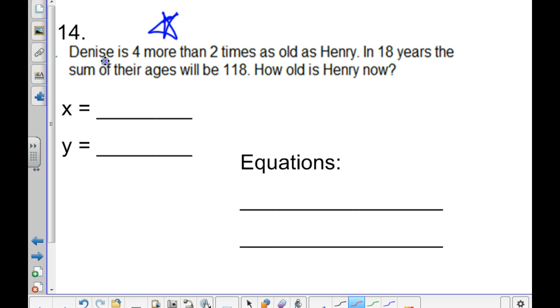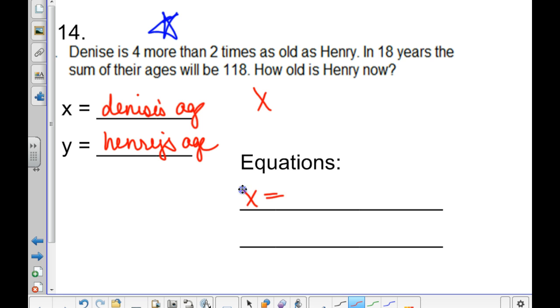Okay. Denise is 4 more than 2 times as old as Henry. In 18 years, the sum of their ages will be 118. So I'm going to let X be Denise's age, okay? And Y be Henry's age. Denise would just be X equals, oops, I guess I can write that down here. 4 more than twice as old as Henry.